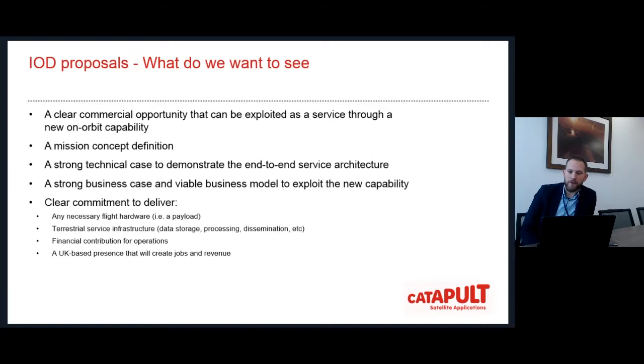Just to really put the focus back on what it is we want to see, it has to be a clear commercial opportunity. This is what we want to define. It has to be sustainable, it has to be scalable, and it has to be robust. And what that means is, if you've got a great piece of technology that will provide one mission with a new capability, that's fine, but that really isn't within the scope of what we're looking for here.